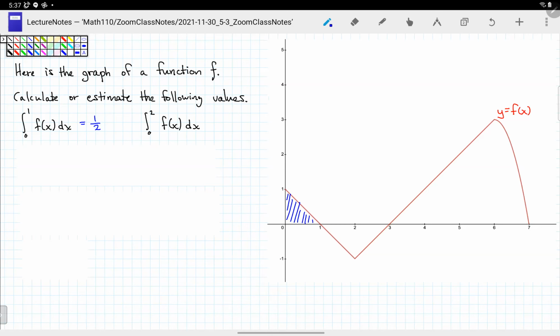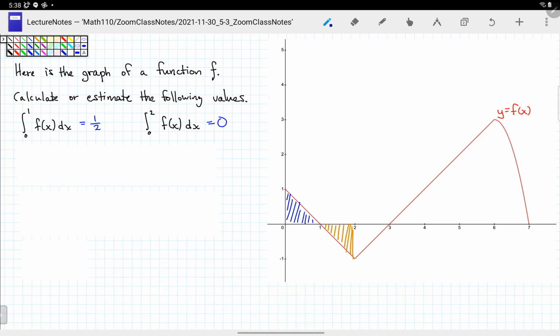Now the integral from 0 to 2 has the same amount of area below the x-axis as it does above the x-axis. Whereas we add the area above the x-axis and subtract the area below it, our full integral is going to be 0, because we have a positive 1/2 from the first half of the interval, and then a negative 1/2 from the second half.